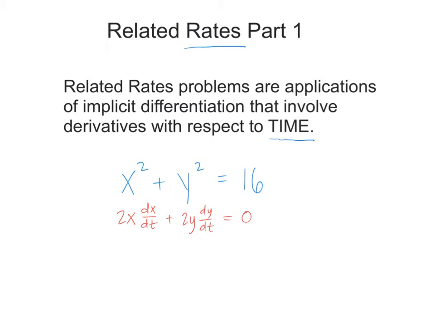But this is the idea of derivative with respect to time. Now we're going to make this x squared plus y squared formula stand for something. That's where the word problem comes into play. But first, make sure you're comfortable with taking the derivative with respect to time. Whatever variable you're using, d that letter over dt needs to accompany your derivative.